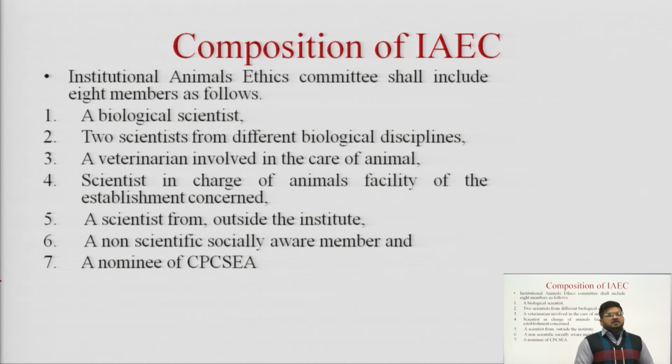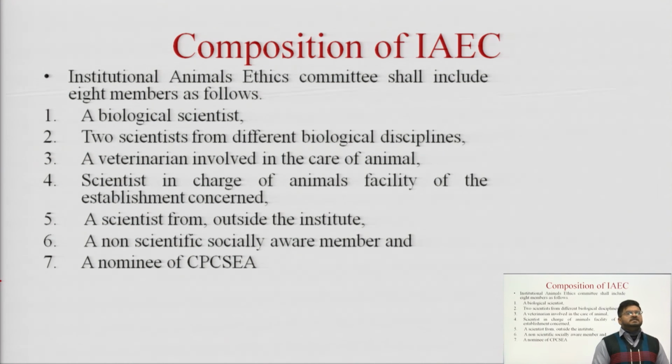Then the composition of the IAEC. The Institutional Animal Ethical Committee is a statutory body composed of members from 7 categories. The Institutional Animal Ethical Committee shall include 8 members as follows: 1 biological scientist, 2 scientists from different biological disciplines, 1 veterinarian involved in the care of animals, and the 4th member required is a scientist in charge of the animal facility of the establishment concerned.